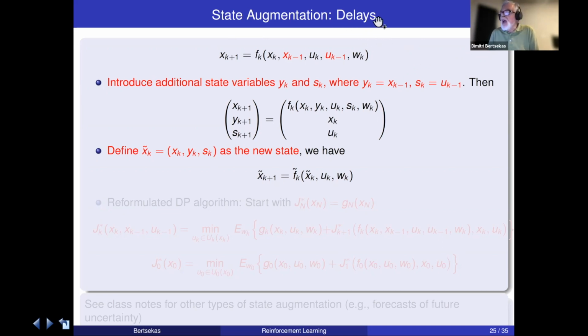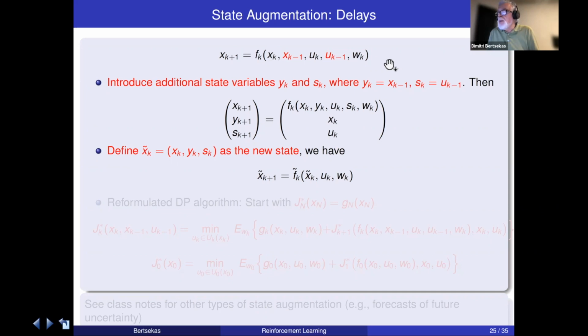A simple example of this type of situation is when there are delays on the effect that controls and previous states have on the next state. In other words, instead of the next, quote unquote, state depending on the current state, the control and some random disturbance, it may depend on the state before and also on the control before that. And this effect manifests itself with a delay of 1 unit in this particular case.